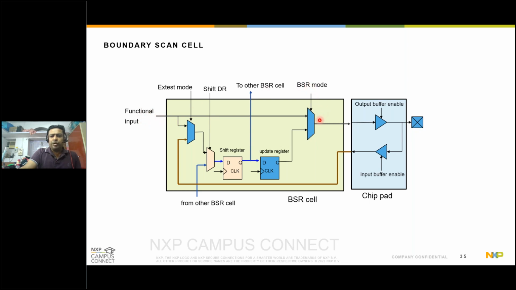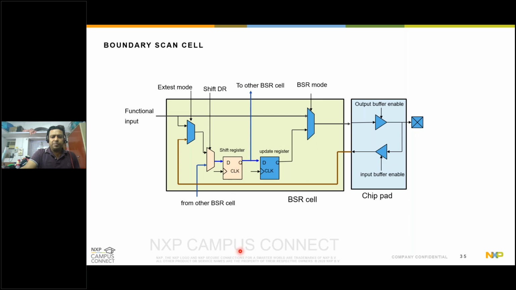But when you want to enter BSR mode, you assert this signal, and in this case the chip pad would be driven from the logic present inside the BSR cell. This BSR cell mainly consists of a shift register. This shift register gets an input from other BSR cells, and the output of this shift register goes to other BSR cells, so that you can form a chain of all these BSR cells.